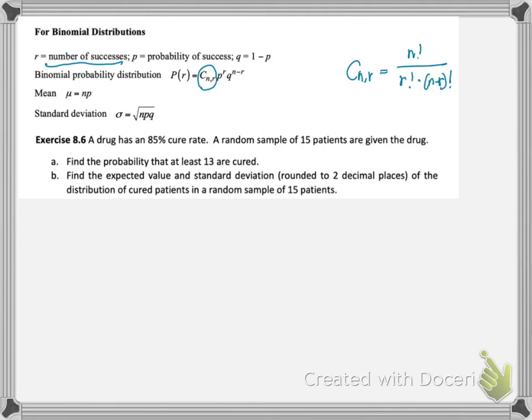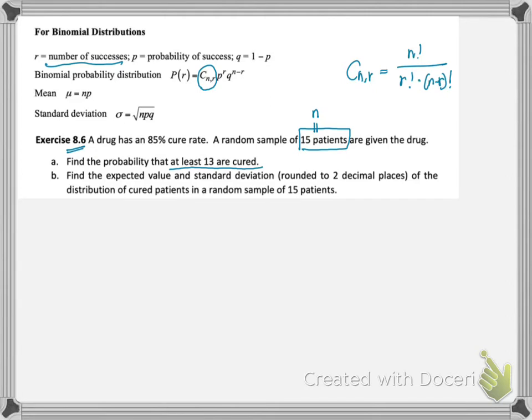So let's look at 8.6. They said there's a drug with an 85% cure rate, and the total number of patients is 15. So this is n. Now, what does number of success mean? They said at least 13 are cured. These patients tried this drug and were cured, that means success.